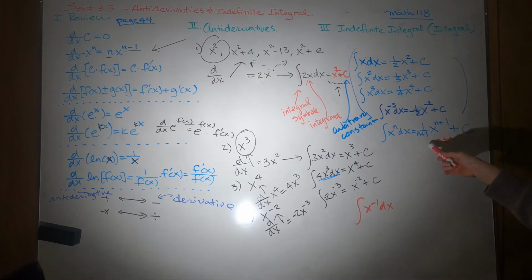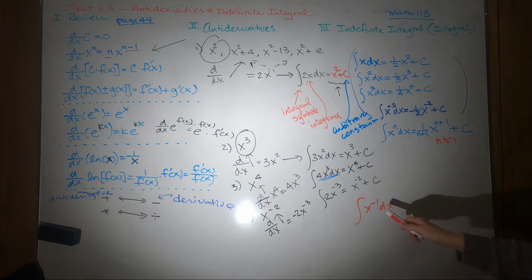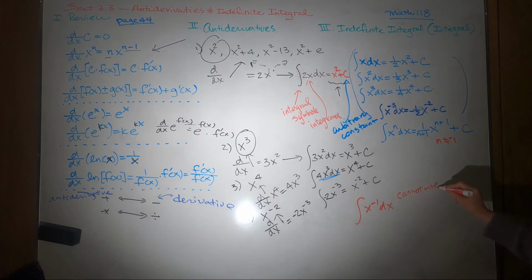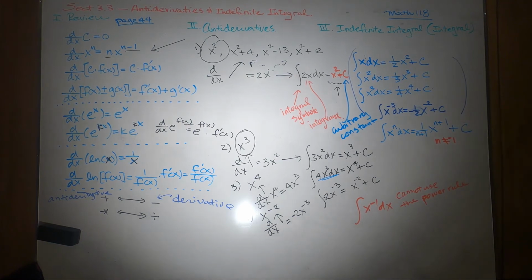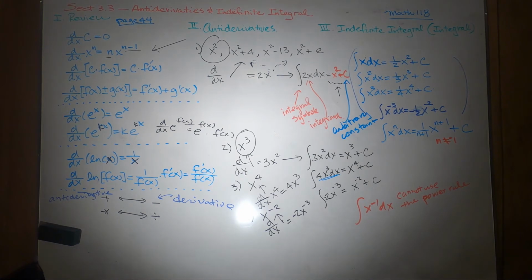You cannot make the denominator 0. So we cannot use this, which we call the power rule, where you go a level higher. In this situation, you cannot use the power rule.